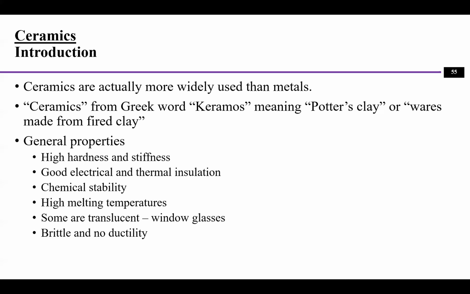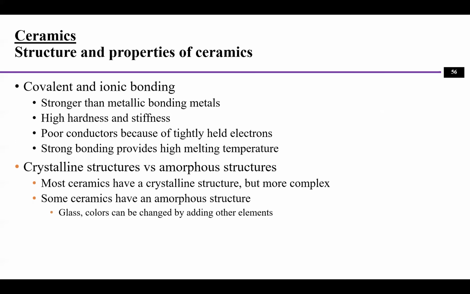But ceramics are brittle and have no ductility. And ceramics typically have covalent and ionic bondings. Mostly, actually, covalent bondings. That's why they form a stronger bonding compared to metals and polymers.